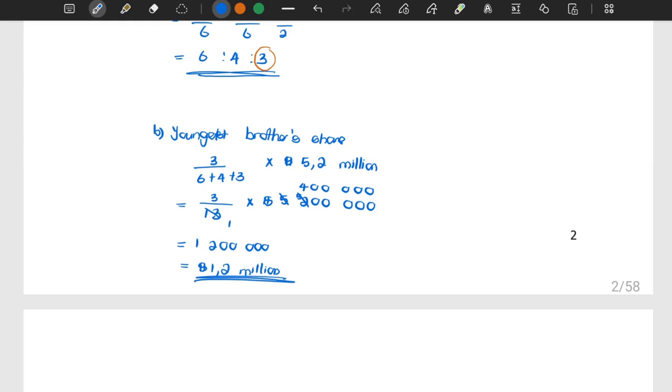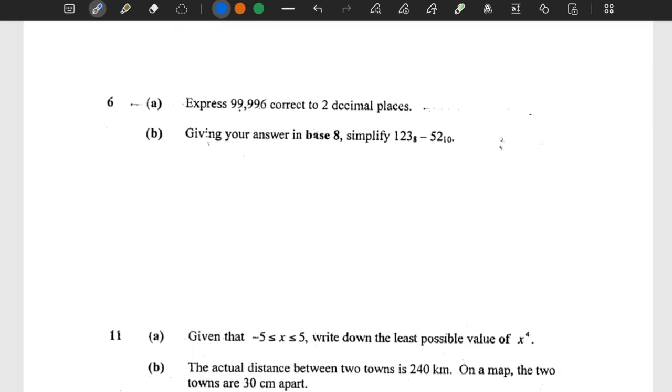And then the next question says, express 99.996 correct to two decimal places. So we have 99.996. Our two decimal places are number 1, number 2. So now that means we are looking at 6.